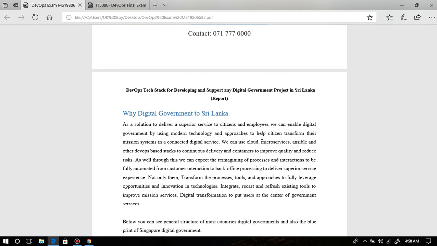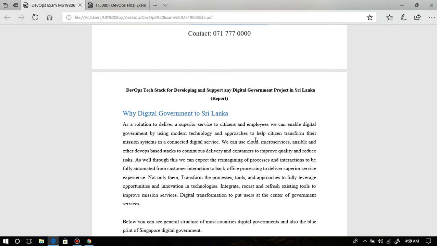But if we have digital government, it means if we can do it with a connected system, we can easily manage our requirements, and the government can also handle those services on time and manage them easily.